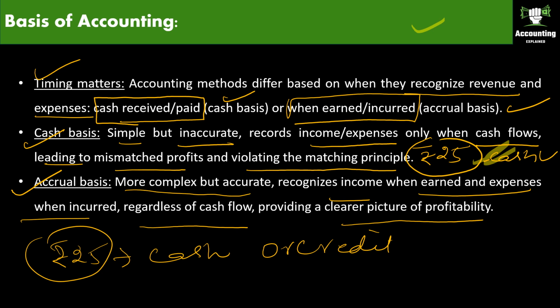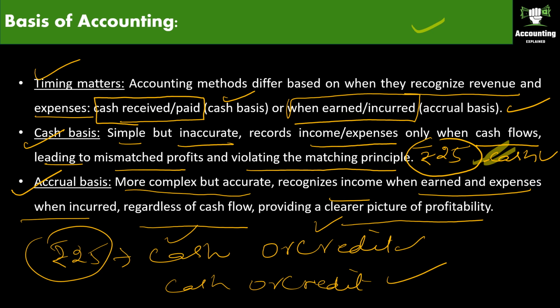Similarly, when you buy tea leaves, whether you buy on cash or credit, when you record your accounting on accrual basis, it is recorded. This accrual basis gives a clearer view of profitability and it correctly tracks outstanding debts and outstanding income, but it requires more record keeping because it takes into account both cash and credit.